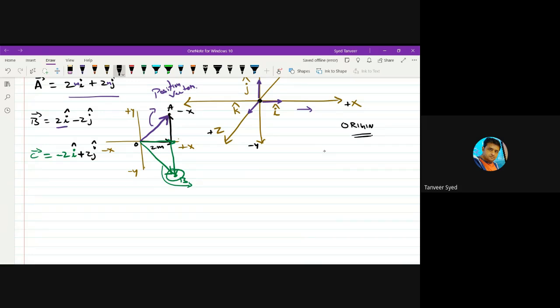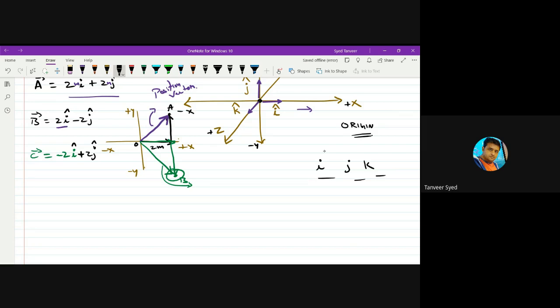If you go as per the rules, you should put the cap every time. But even if you don't write the cap and you see i, j, k, they imply that they are unit vectors. Writing cap is advisable. Technically, it is the correct way to represent a unit vector. But even if you don't see a cap and you see i, j, k, you should understand that they are unit vectors. i, j, k are exclusively used to represent unit vectors.